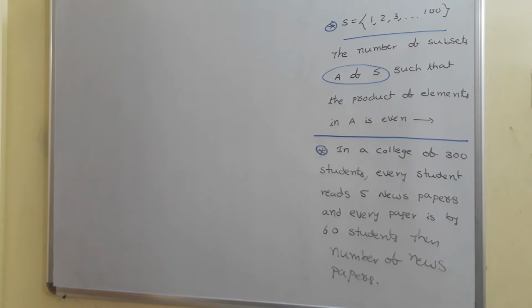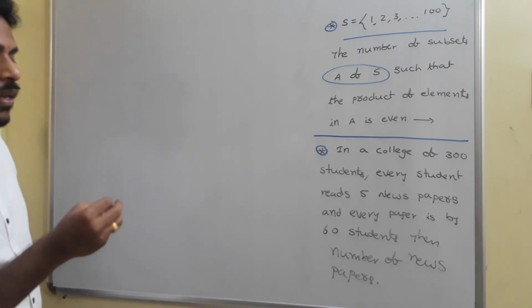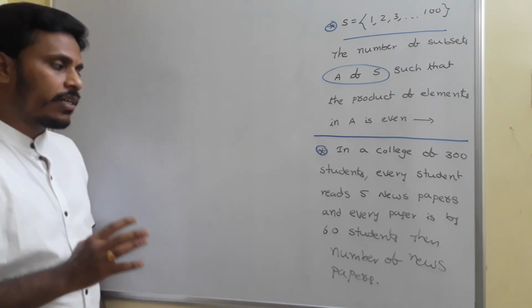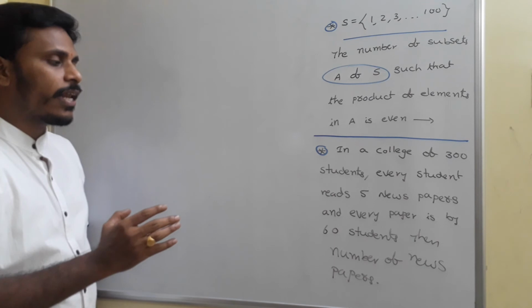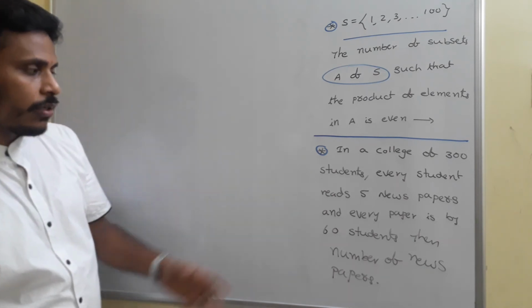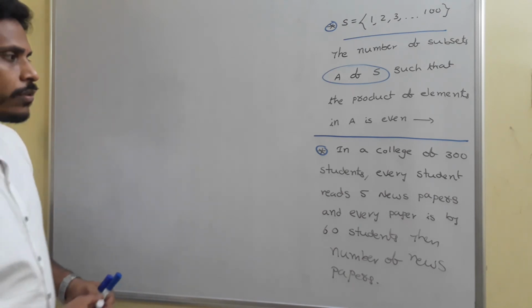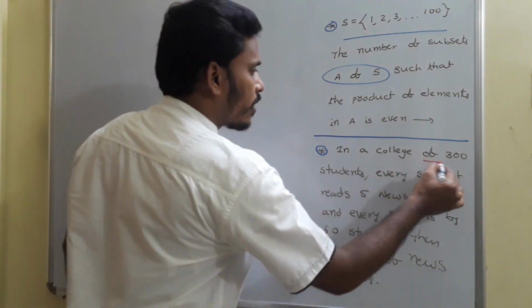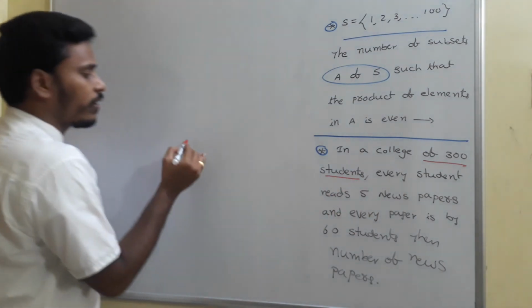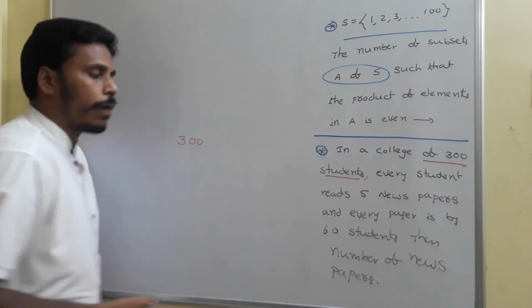In a college of 300 students, every student reads 5 newspapers and every paper is read by 60 students. Then we need to find the number of newspapers. Totally 300 students are there and every student reads 5 newspapers.